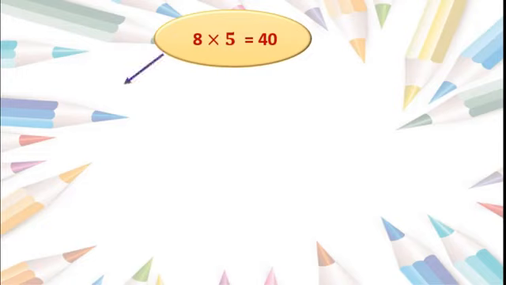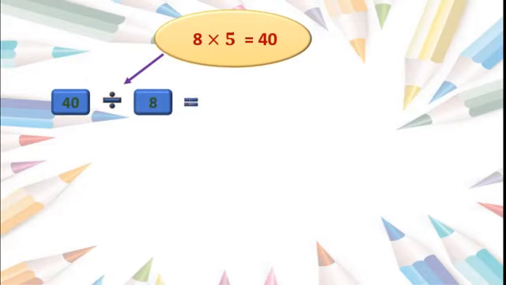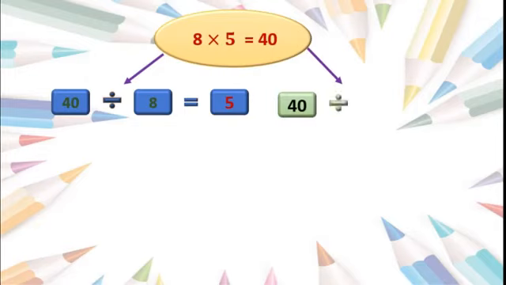So first division: 40 divided by 8 is equal to 5, so 5 is the answer. Second one, again 40: 40 divided by 5 is equal to 8, so the answer is 8.